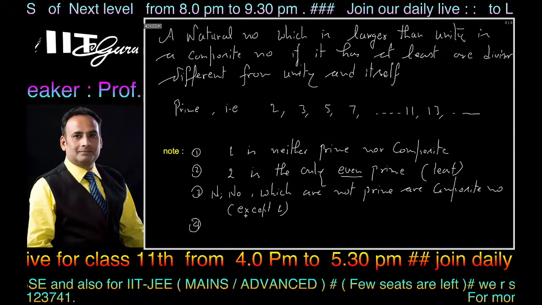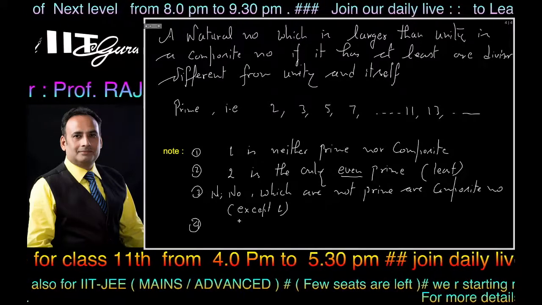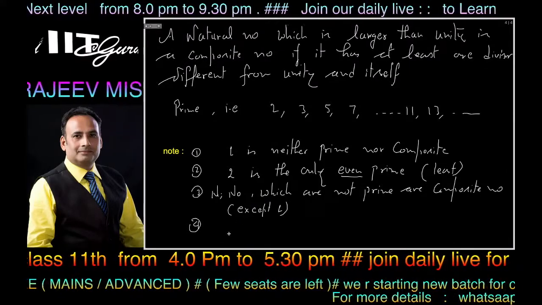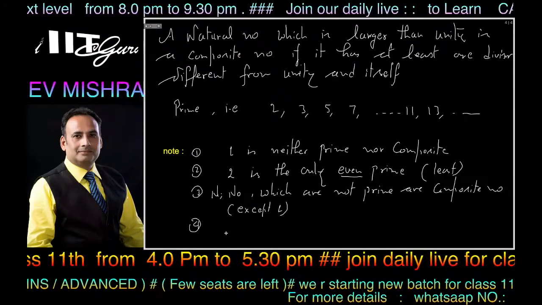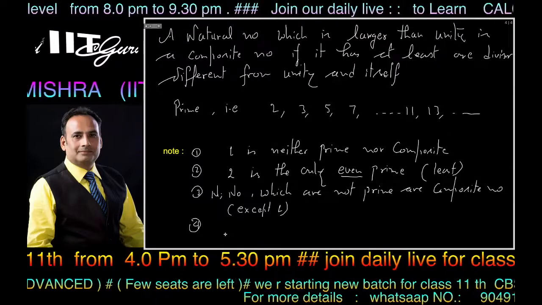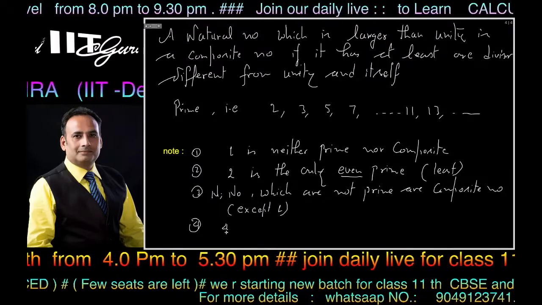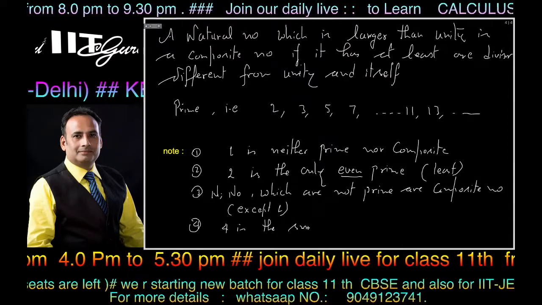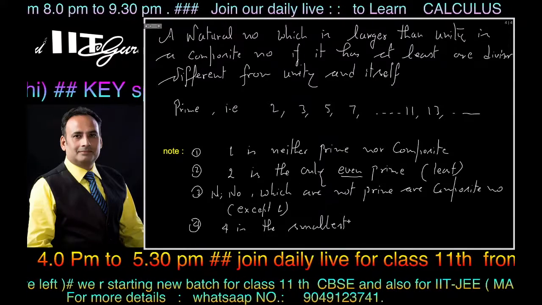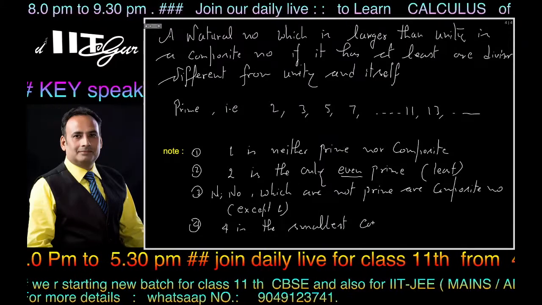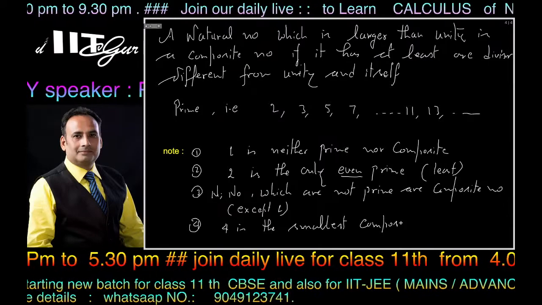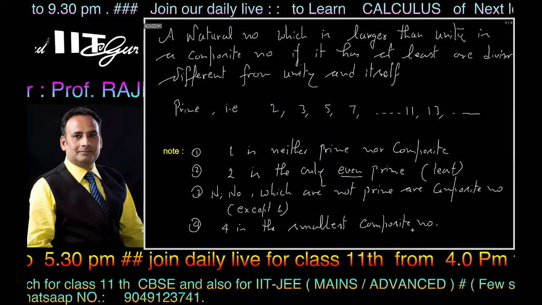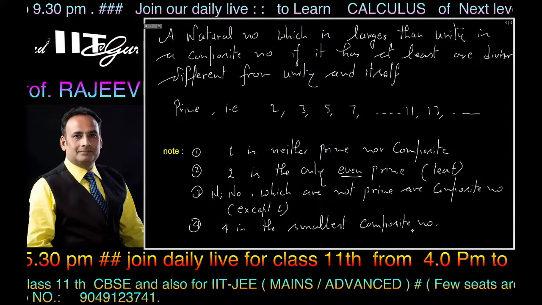What is the least composite number? 4 is the smallest composite number. Is this clear? Okay.